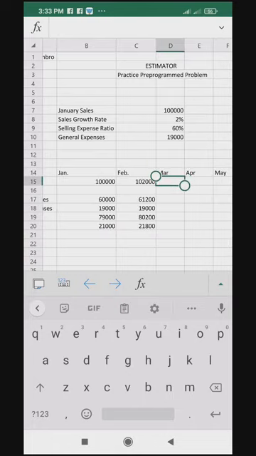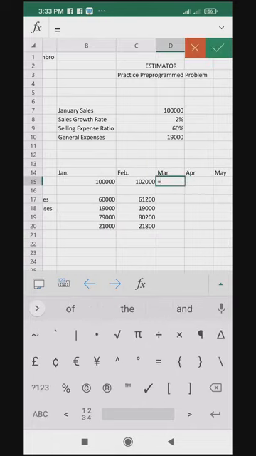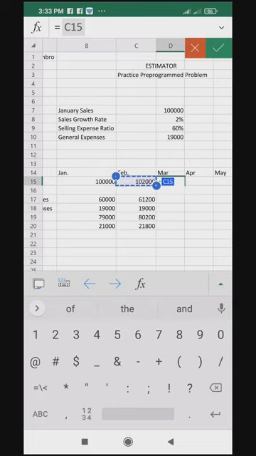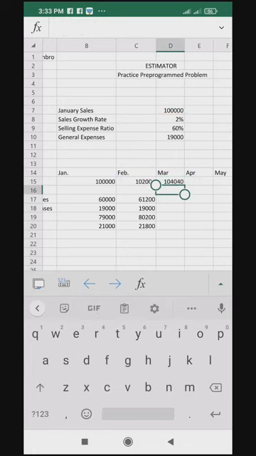Let's proceed to the month of March. So the sales for the month of March is equal to C15 times 1 plus D8, equal to 104,040.